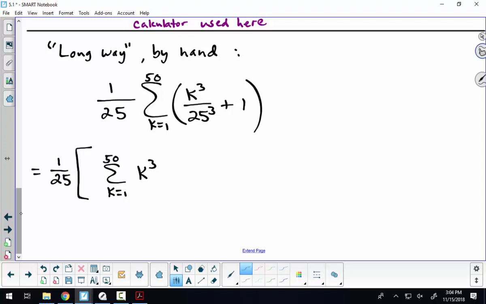This 1 over 25 cubed for this first term is a constant. It doesn't involve a k, so that gets pulled out of the summation. And then for our next sum, the sum distributes to 1, so it's just that.